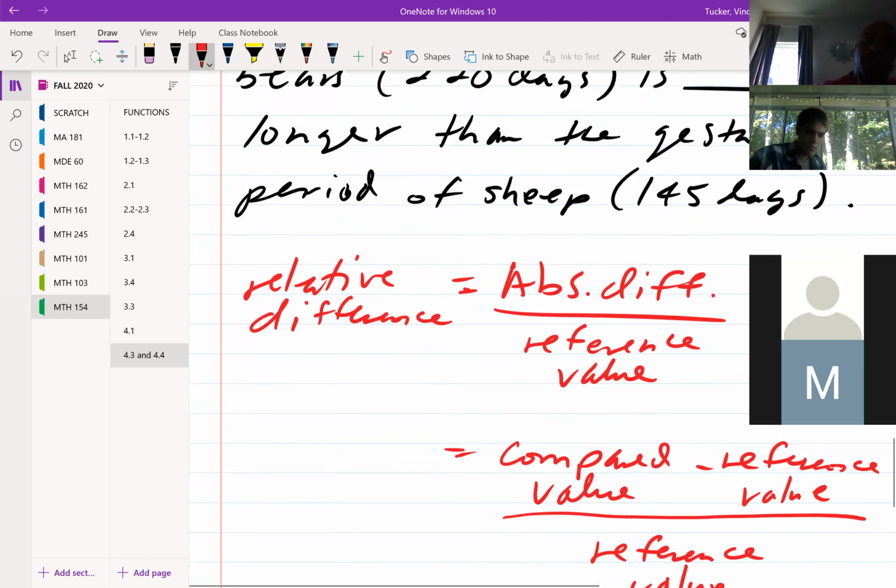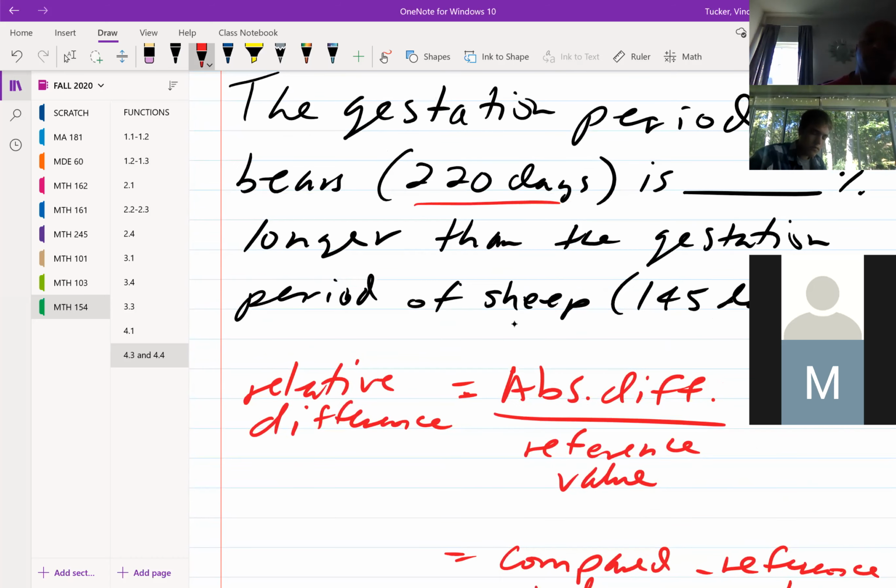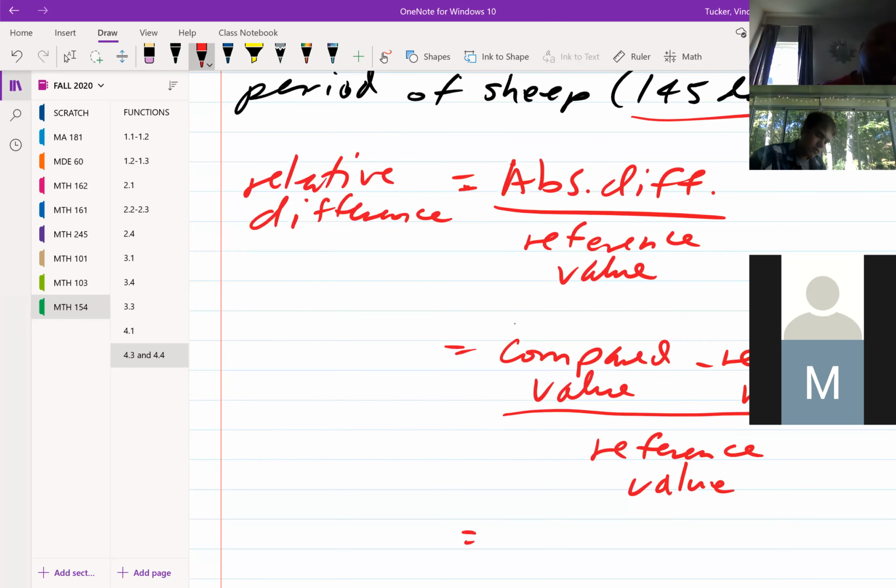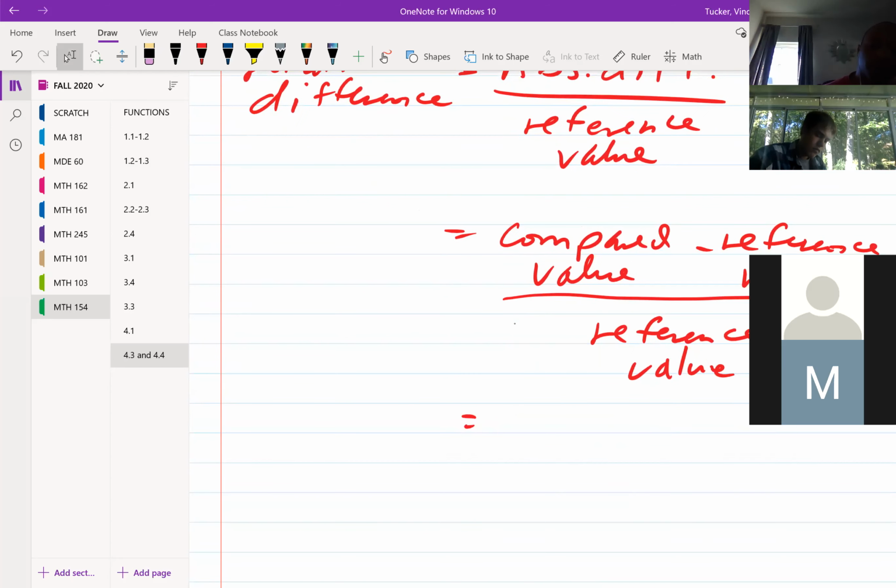So our original value or reference value is this 220, and we're comparing it to 145. Like I said, it's the same process, just different terminology.